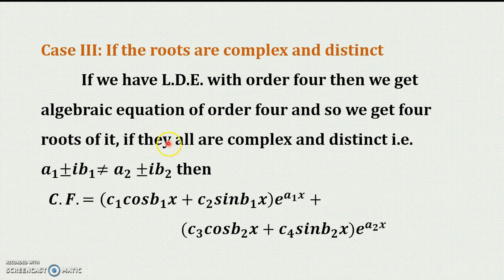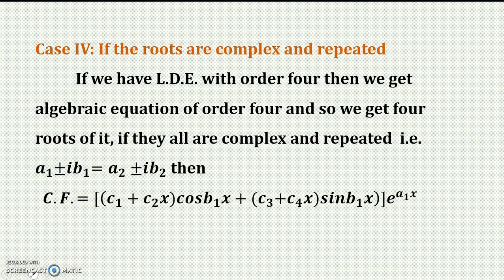If they are all complex and distinct, meaning a1 plus minus i b1 not equal to a2 plus minus i b2, both complex and not repeated, then the complementary function is (c1 cos b1x plus c2 sin b1x) into e raised to power a1x plus (c3 cos b2x plus c4 sin b2x) into e raised to power a2x, where the imaginary part comes with the trigonometric function and the real part comes with the exponential function.